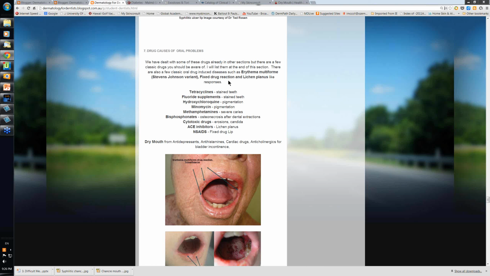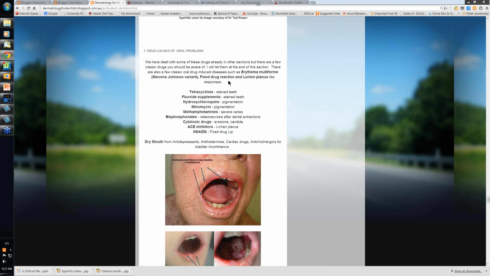So we've got erythema multiforme, we've got fixed drug reactions, and the third disease that is commonly seen in the mouth and drug-induced is lichen planus. Now remember, we've mentioned lichen planus already. The most important thing, if lichen planus is just confined to the inside of the mouth, is to consider a drug reaction.